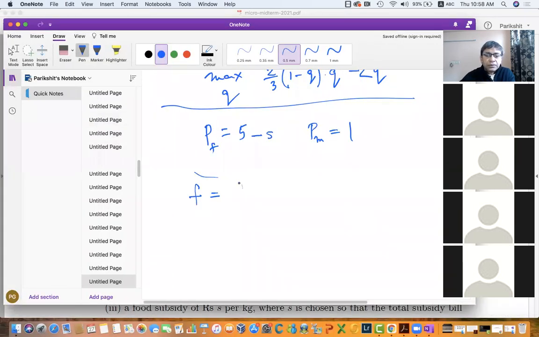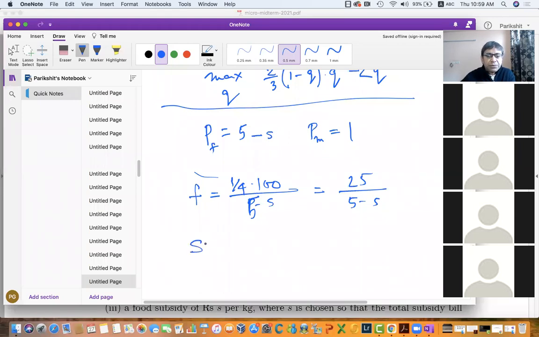So 1/4 times income, which is 100, divided by P minus S, which is 5 minus S, which is 25 divided by 5 minus S. So this is how much food they will buy.